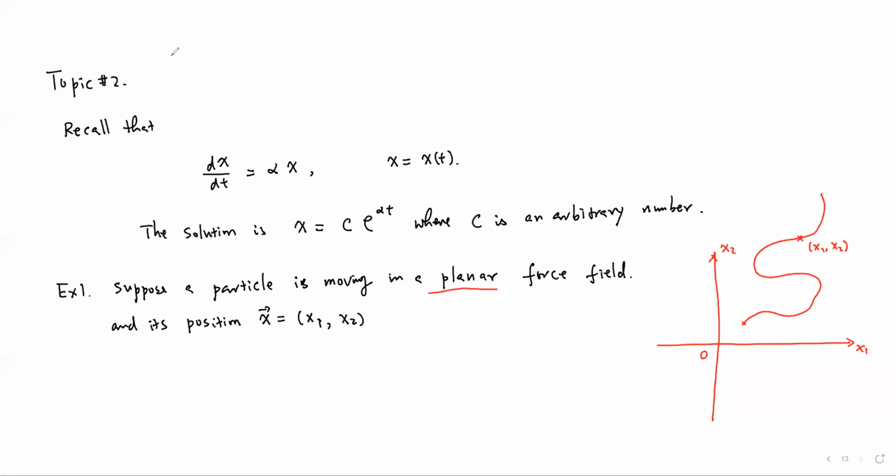Suppose the position satisfies this system of ordinary differential equations: x1 derivative is equal to 4x1 minus 5x2, and the derivative of x2 is equal to negative 2x1 plus x2.